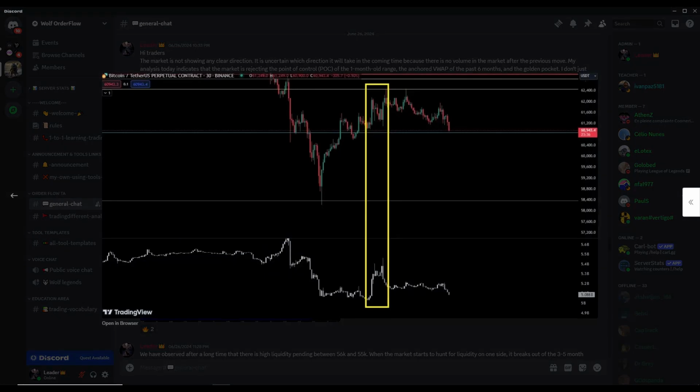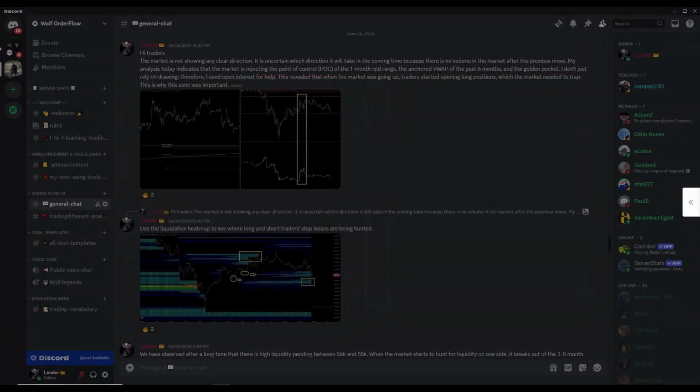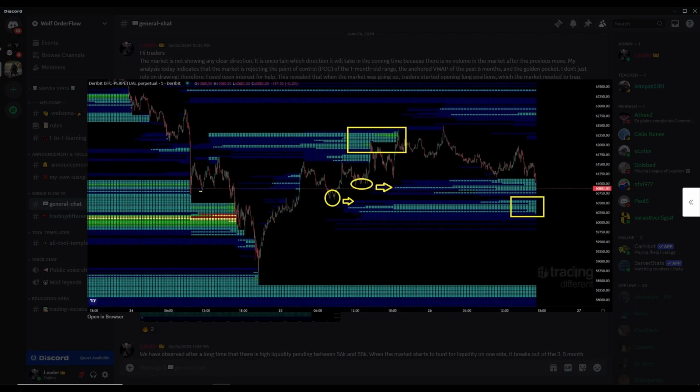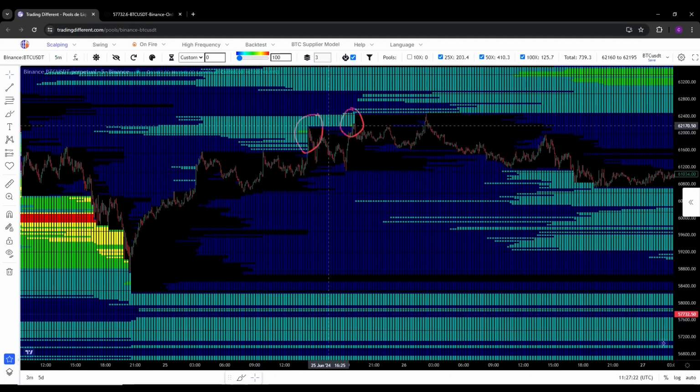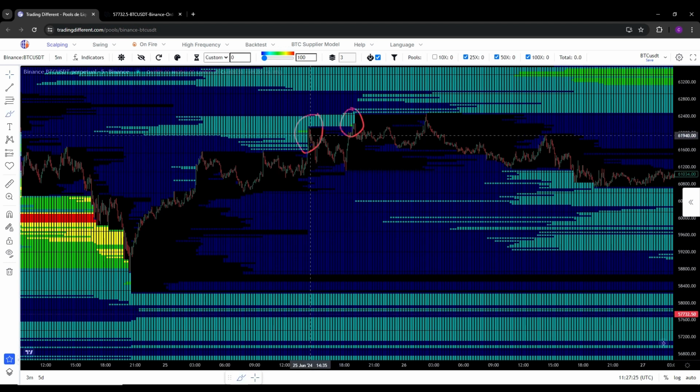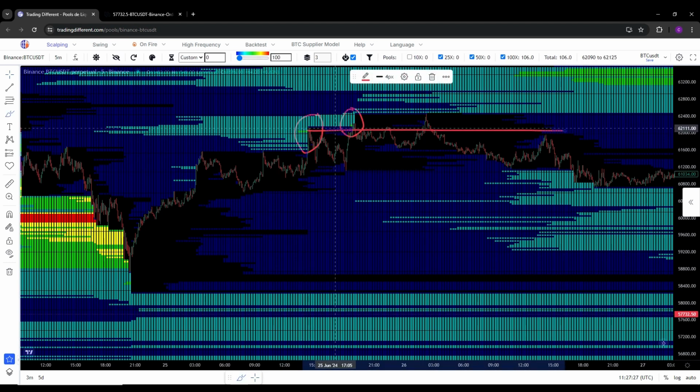I closed my position at 62,000 and opened a short position because the market hunted the stop losses of those who were taking FOMO short entries when the market was going down.